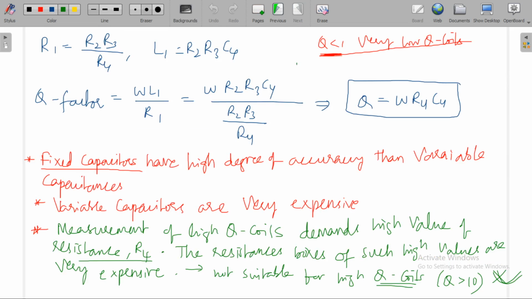Because of difficulty in balance adjustments, this bridge is not suitable for the measurement of very low Q coils, that is Q less than 1.